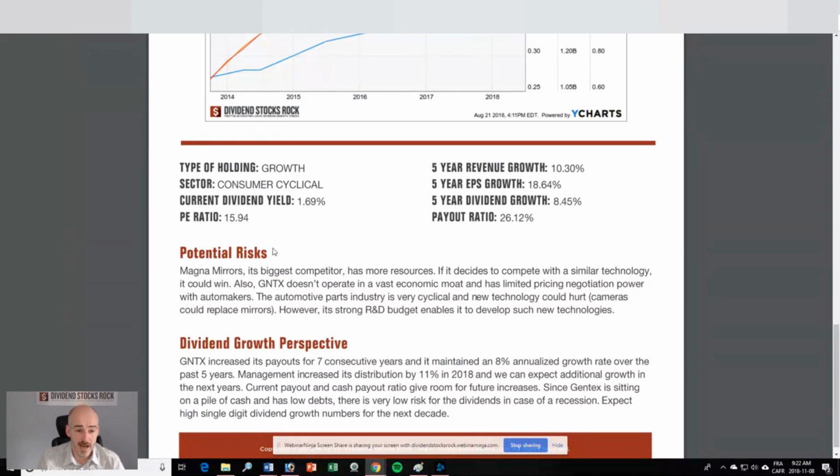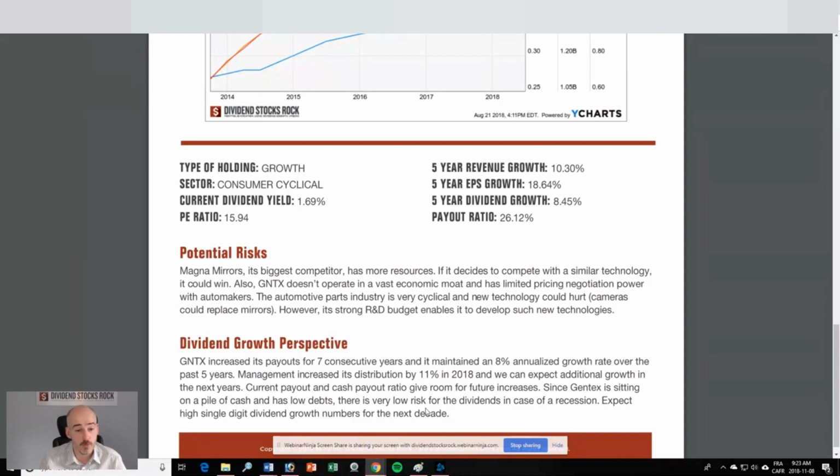So now second to last section, potential risk. Even though we really like Gentex, there are also competitors, there are also risks around this company, so we have to disclaim it. So this is why we describe everything that could potentially go wrong in this one, so you know exactly what to expect and you know where the risk could be coming from.